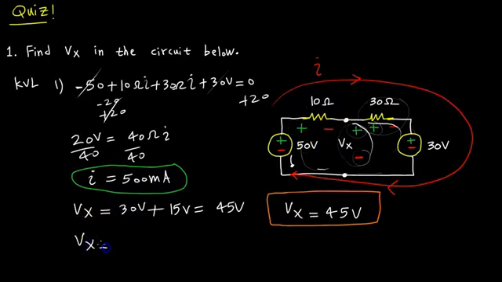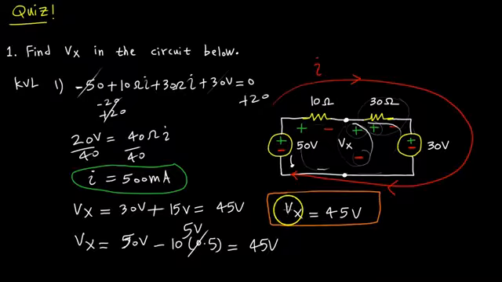Therefore, Vx is equal to going up 50 volts, dropping by 10 times I. So 50 volts minus whatever that voltage drop is. Plus to minus is going to be a drop, so that's 10 ohms times 0.5 amps. 10 times 0.5 is 5, so 50 volts minus 5 volts is 45 volts. And we are indeed getting the correct answer, which is shown here, so that's correct.